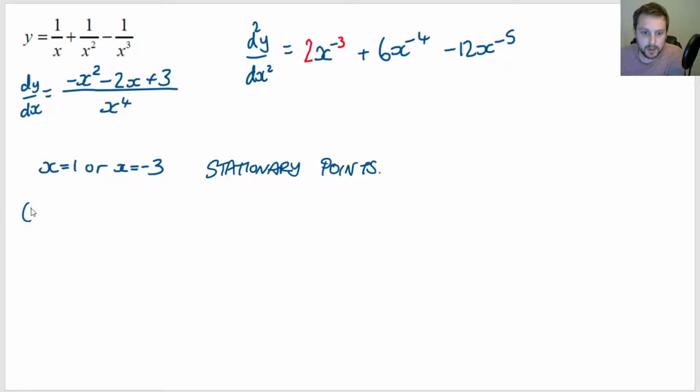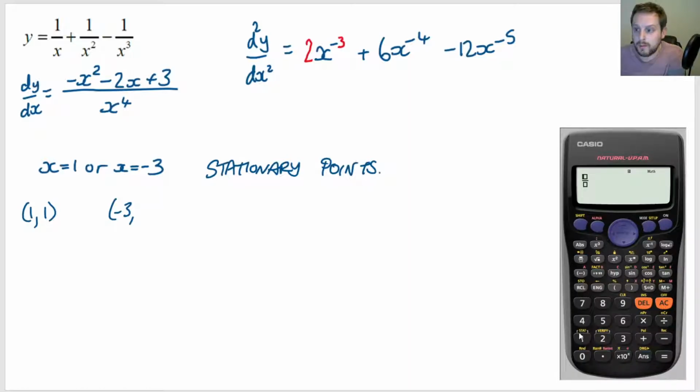So let's do 1 and then plug it into here. Well, that's not so bad. This is 1 plus 1 is 2. Take away 1 is 1. So 1, 1. And we've also got -3, and we'll use the calculator for this one, because it's obviously not as nice.